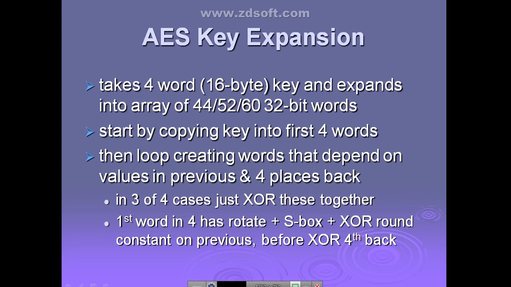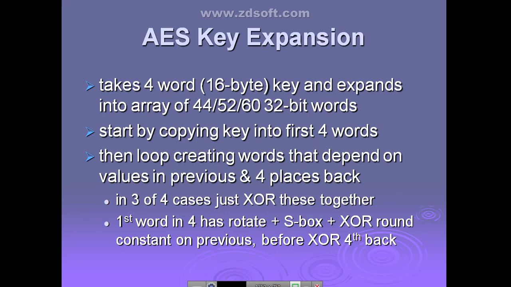See, start by copying the key into the first 4 words. Then it is going to substitute, right? Then it constructs the subsequent groups of 4 based upon the values of the previous word and the 4th place back word.